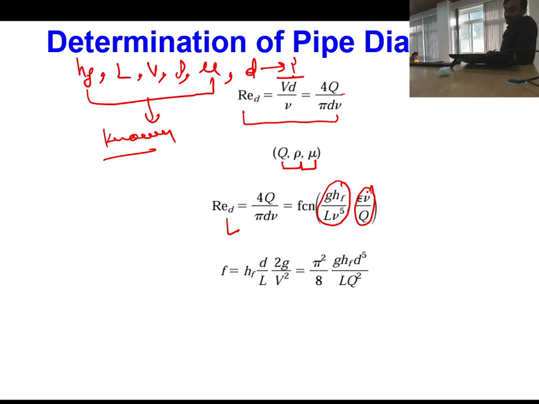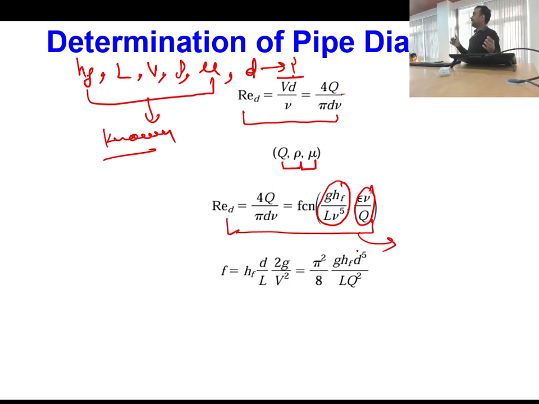Okay, but it is important to mention that though we got this functional relationship, till date there is no exact correlation known between these dimensionless groups. So it means when the problem comes to estimate the diameter of the pipe, in that case you cannot follow any deterministic approach.